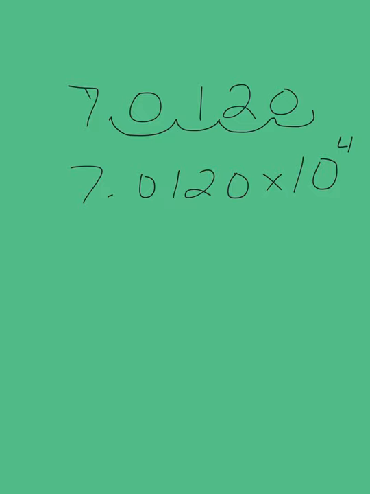Let's do another example. Let's do 975,003,021. Again, there's this little imaginary decimal point at the end of the number.